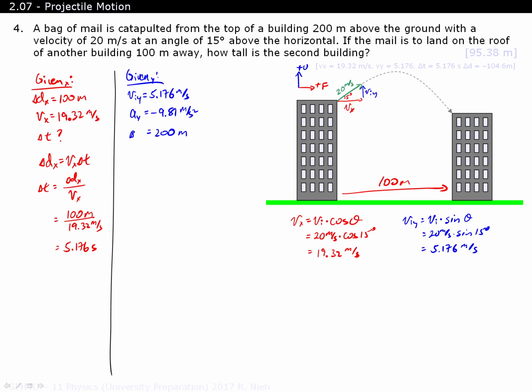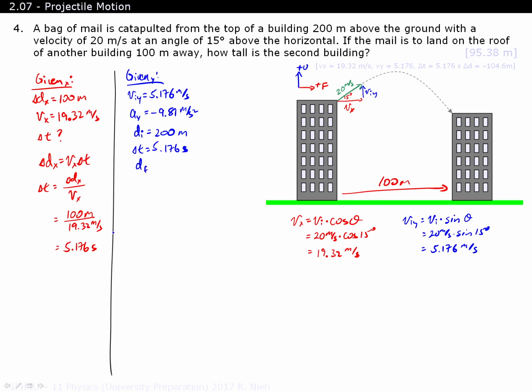In other words, that's our initial position. All right. And we're trying to look for our final position. That's what we're trying to solve for. So looking at all the stuff here, oh, we also have time. I almost forgot about time. Of 5.176 seconds. That was given from before.